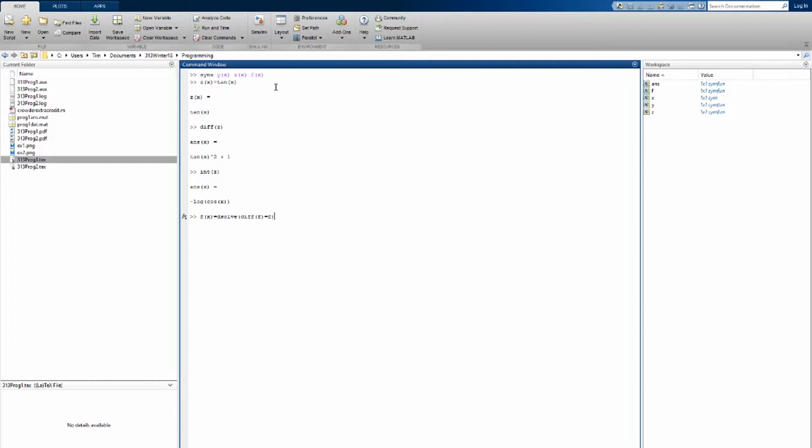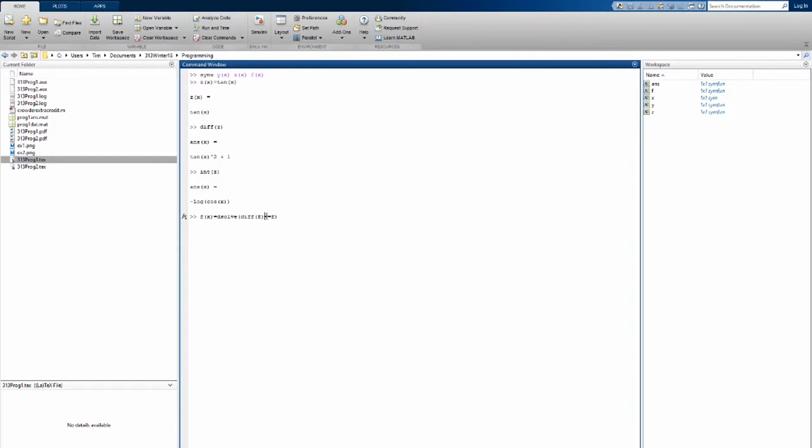This is what I'm going to type in. Now let's break this apart a little bit. Right here, this is the differential equation. And actually I messed up because I need a double equals there. This is the differential equation right here.